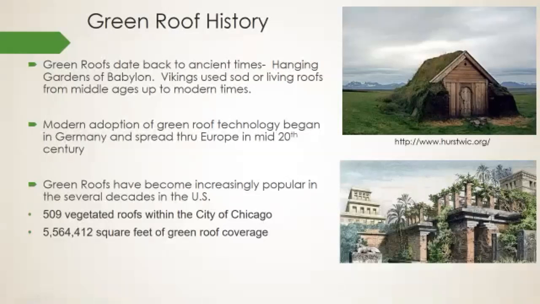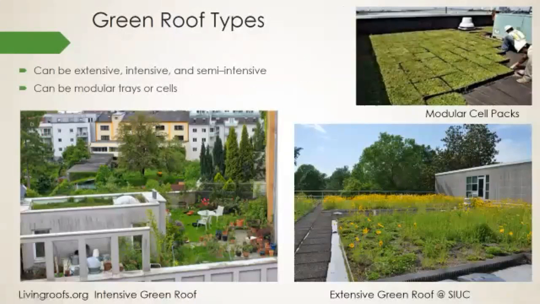So I think they still hold the record on the most square footage of green roof for a city. I don't know if the other contenders would be New York and maybe San Francisco and Seattle, but I think Chicago is still in the lead.